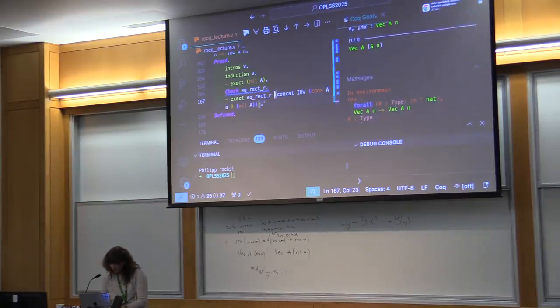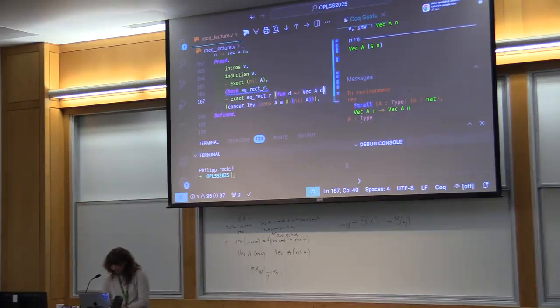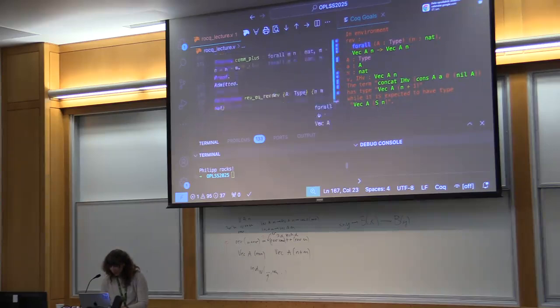So the type family will be lambda D, vec A D. Yes? So it's abstracting away the thing that has to be equal, and the thing that has to be equal is the dimension. Okay. And what else?